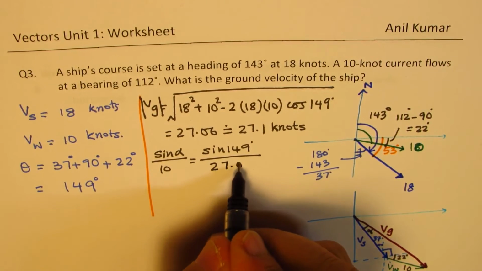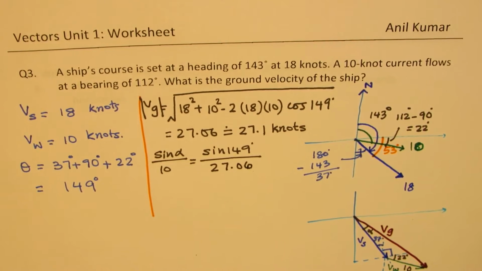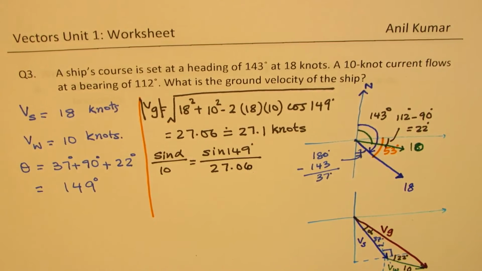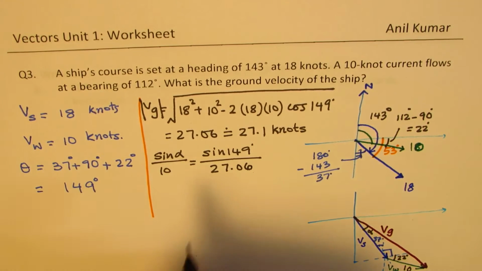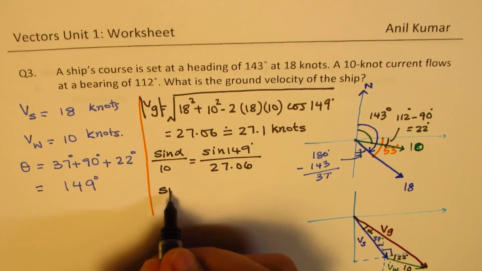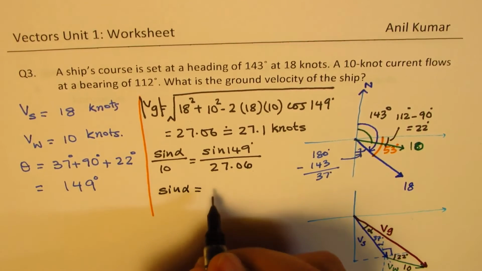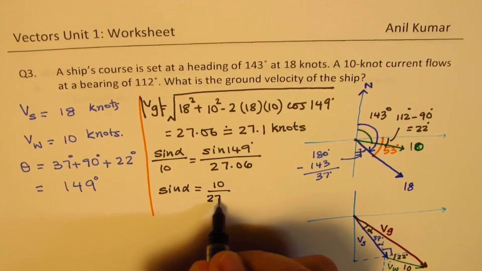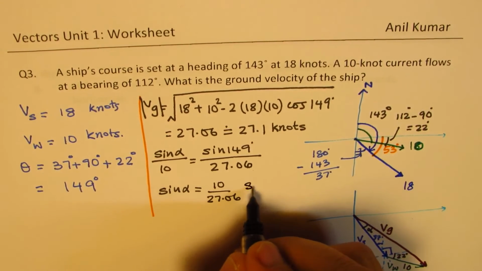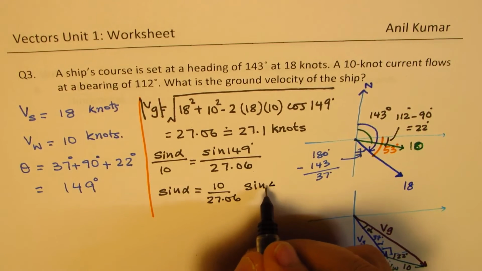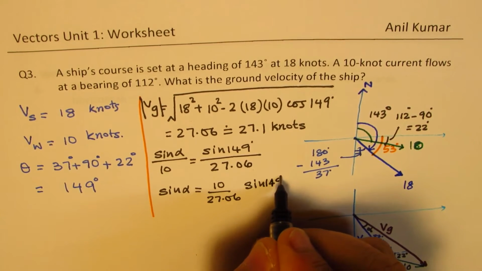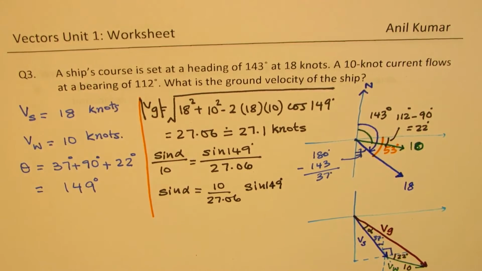I'll write 27.06 here. Okay. It's better to actually use 4 digits if possible. So from here we can say sine alpha is equal to 10 over 27.06 sine of 149 degrees. Correct? Let's figure this out.